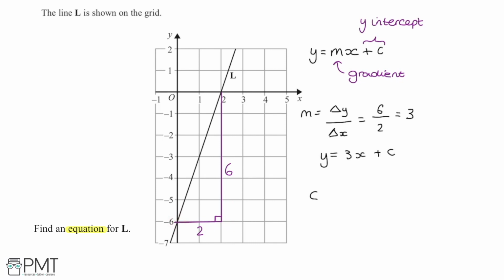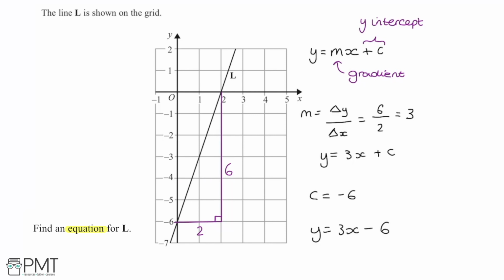So c is going to be equal to -6. And then we can simply substitute that in to get our final answer. So y is equal to 3x, and we need to make sure we have this negative sign, -6. And that brings us to the correct final answer for the equation for this line.